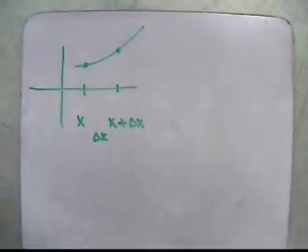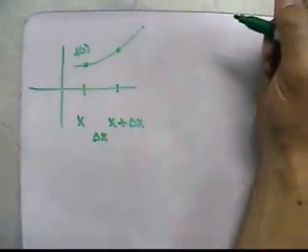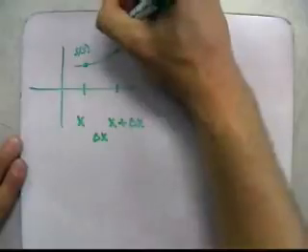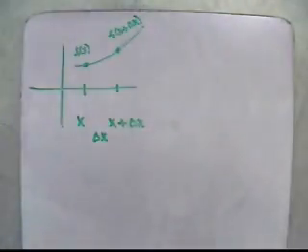Now as far as my y values go, this value right here is f of x, right? That's our function notation, kind of weird. This value right here is f of x plus delta x. That's not too bad. Now our dy is an approximate, and our delta y is the exact value that it actually changed.